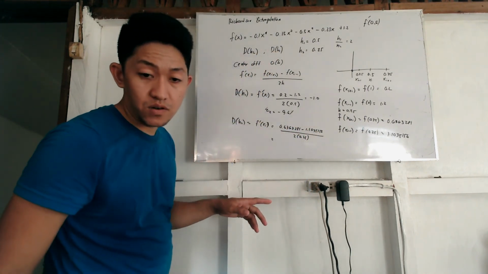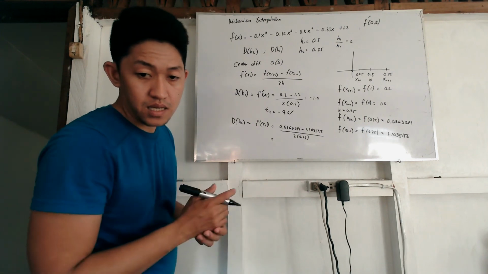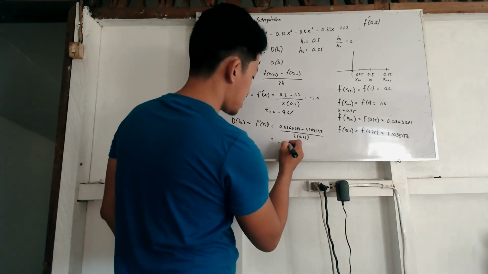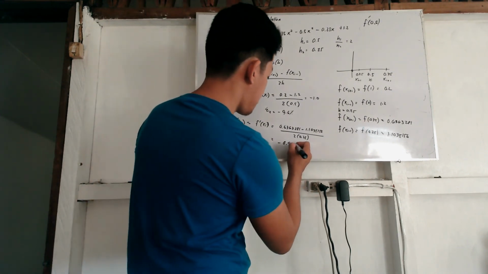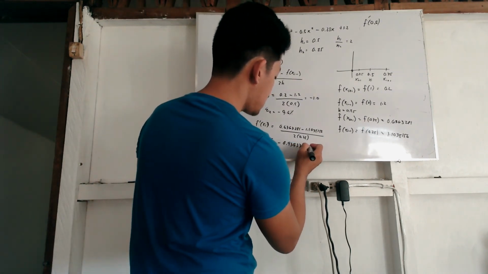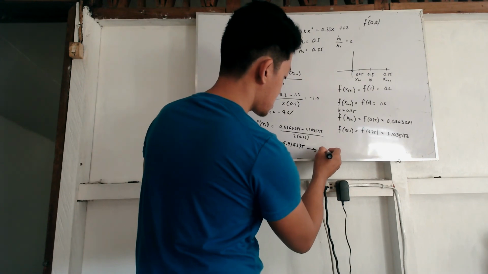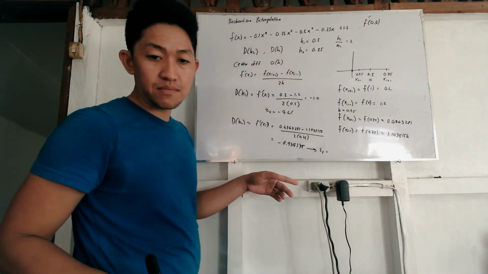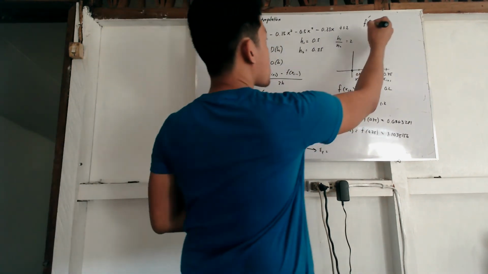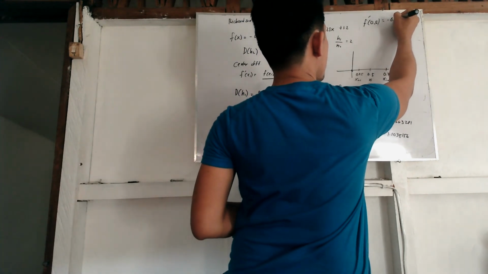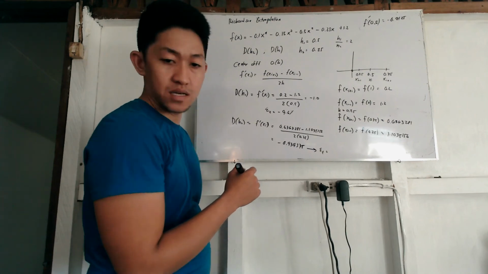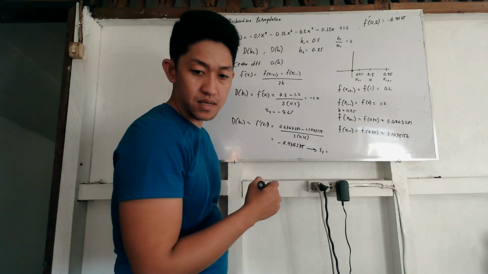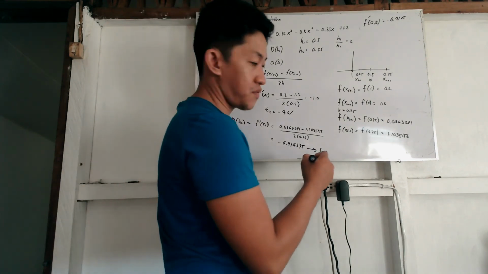So the answer for this one is negative 0.934375. Okay, so the error for this one, you can get the relative error because you can calculate the true value, which is negative 0.9125. Okay, so the true error is negative 2.4%.